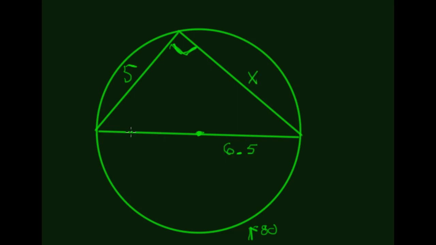And 6.5 and 6.5, because that's 2 radii, is going to make this 13, which now makes this a 5, 12, 13 right triangle. But they don't have to tell you that that's a right triangle or a right angle. They just have to say it's inscribed in a diameter. So just be thinking of ways that standardized tests could be leveraging this fact.